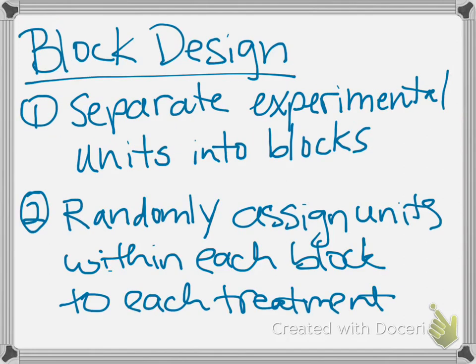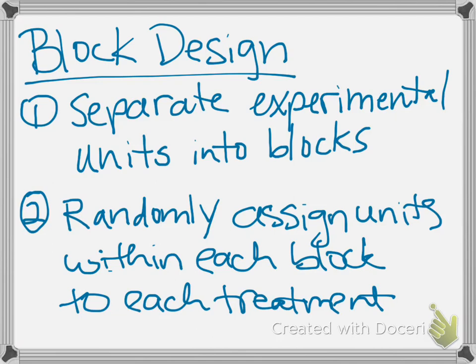So once you have selected your blocks, you are proceeding with a block design in your experiment. So step one, of course, is what we just talked about. Separate your experimental units into the blocks. And then once you have your blocks separated out, maybe there's 2 blocks, there may be 3, just depending on what you're doing.